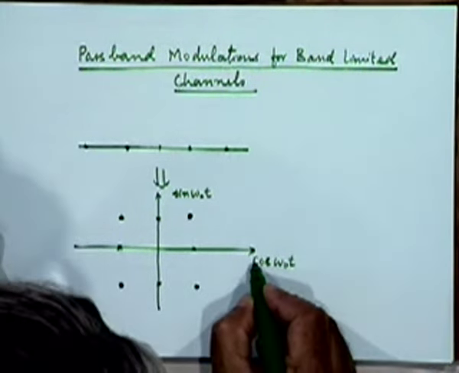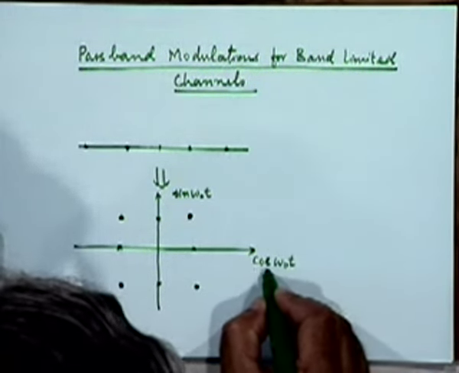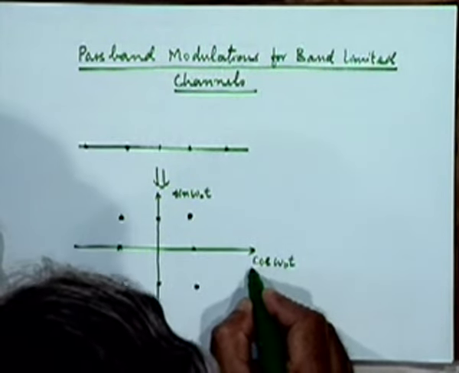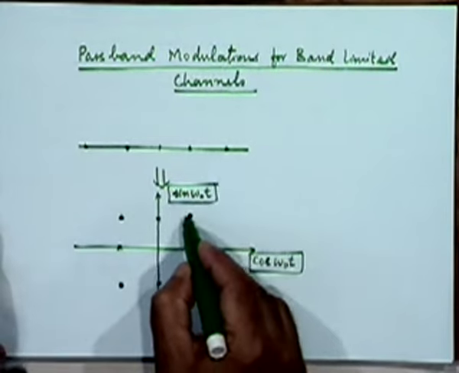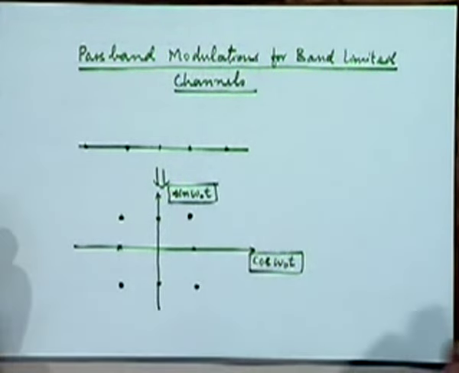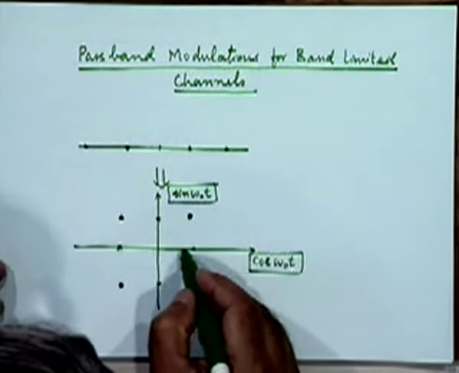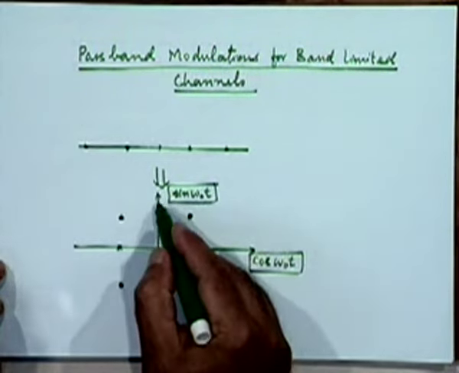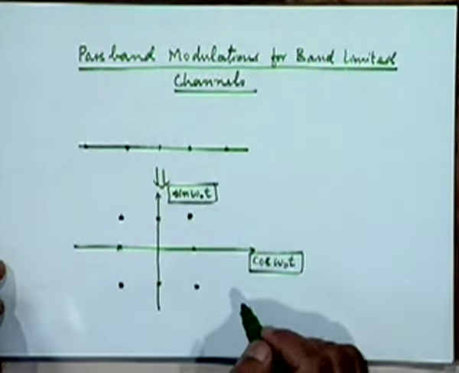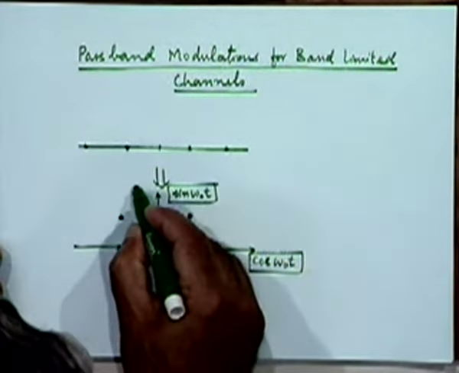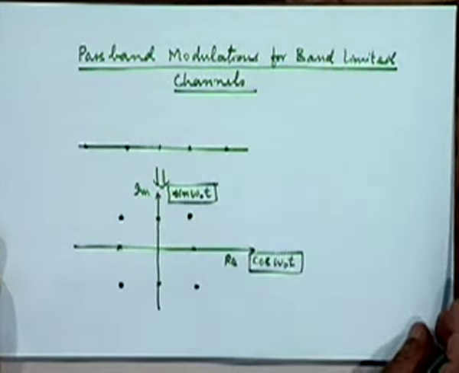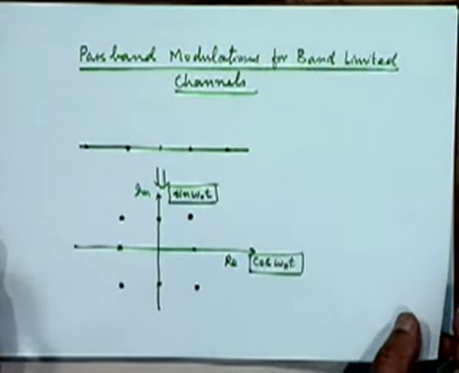In fact, to start with, to keep our discussion very general, we will not even bring in the concept of this cosine omega naught t and sine omega naught t here. All we will say is that these are 4 points in a complex plane with some real coordinates and some imaginary coordinates. This is the real axis and this is the imaginary axis. Fine.